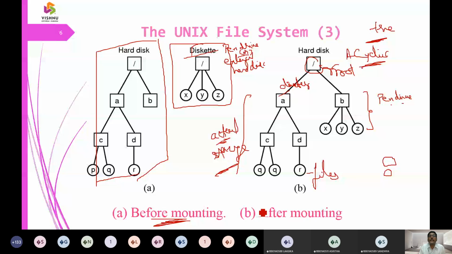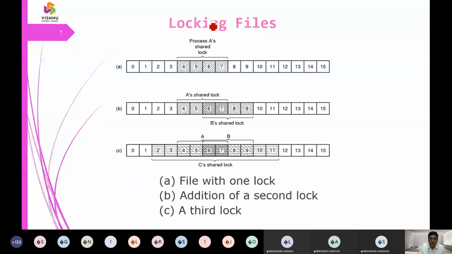The next one we can assume is the locking of files. We can see that process A is going to have a shared lock. When we call it a shared lock, then we can make a read operation.